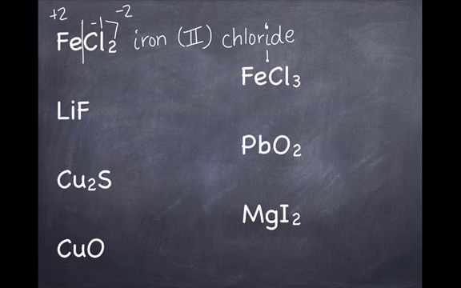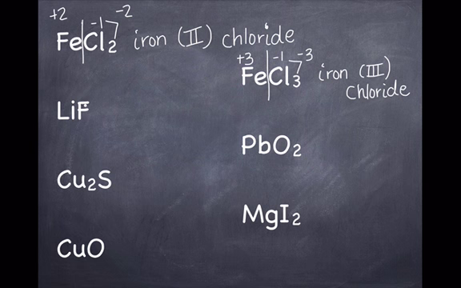If I go to this one, this is FeCl3. Chlorine's still a -1, but I have 3 of them this time, so a -3 has to be balanced by a +3. So this one must be iron 3 chloride. So you have to use the ending nonmetal in order to figure out the charge on your transition metal.